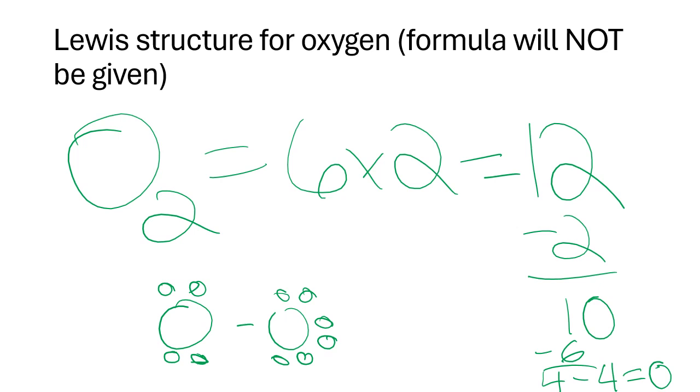The oxygen on the right is not happy, so it's going to pull over 2 electrons, and that is O2. Both oxygens are happy. The oxygen on the right suffers a little bit of anxiety, so it's not as stable, but that's not part of the test.